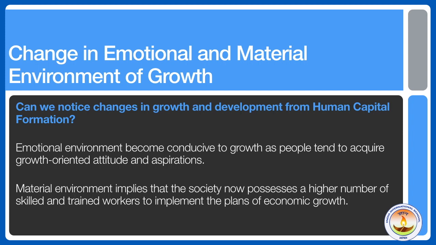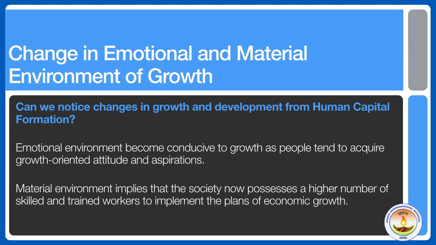The first one, emotional environments and material environments of growth change. What does that mean? Well, the emotional environment means people tend to become growth oriented as a result of having increased levels of capital formation. So the emotional environment or the desire actually to contribute increases.